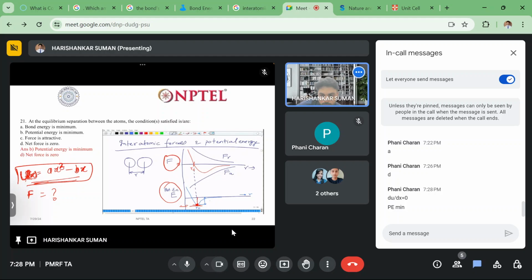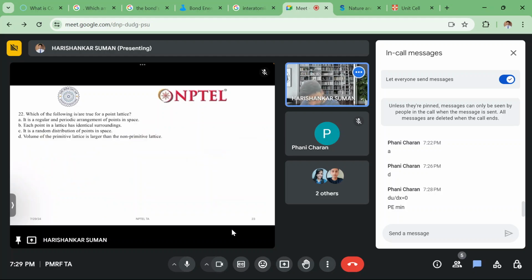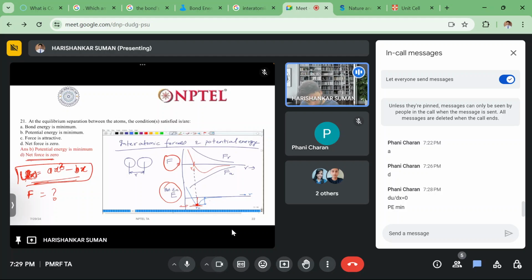And net force is also 0. So such a type of question may be asked. So like this, net force should be 0 and potential energy is minimum if the equilibrium is asked. Okay, next question.